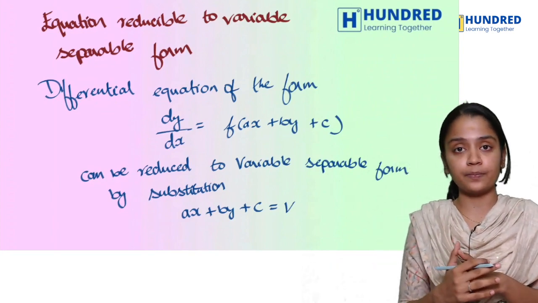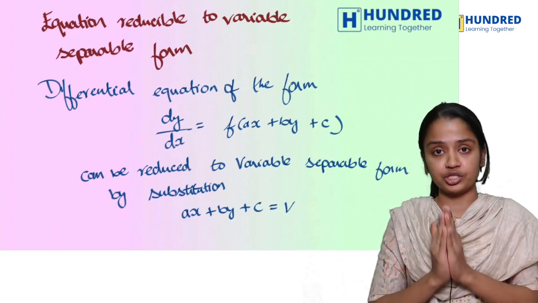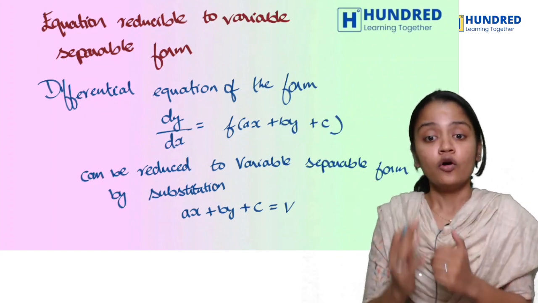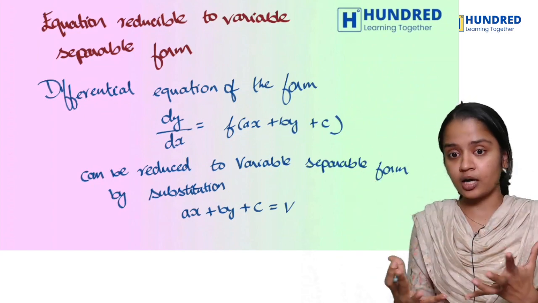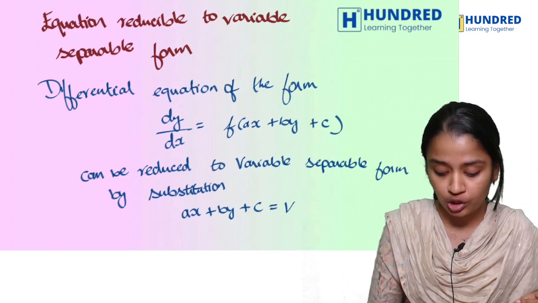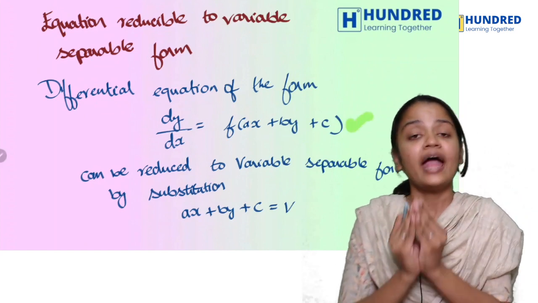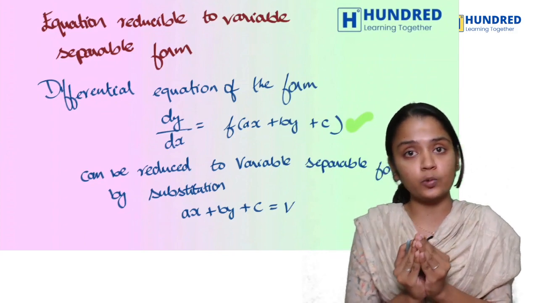Next, reducible to variable separable. This is any differential equation that can be reduced to variable separable, for example, when you have dy by dx equal to f of ax plus by plus c.